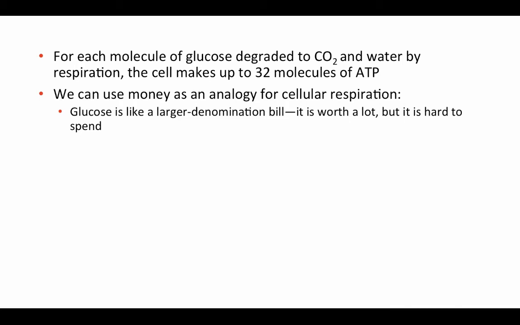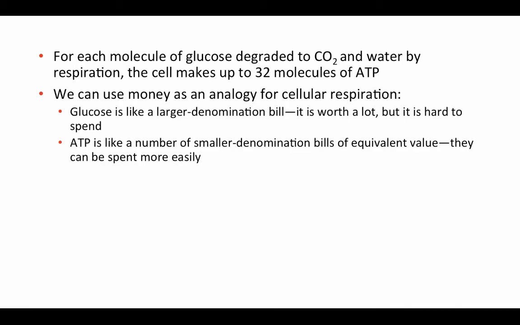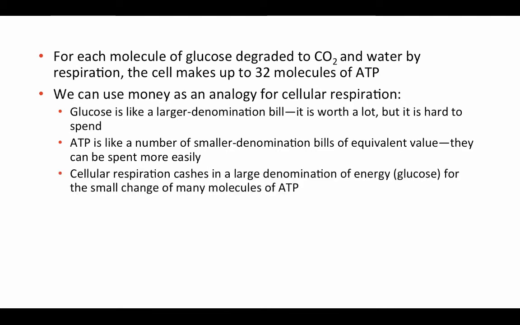It's got a lot of value in it, but finding somebody who's going to actually accept that large denomination is not as easy as spending smaller bills. So ATP is like a large number of smaller denomination bills of equivalent value. They can be spent more easily. So the process of cellular respiration basically is making change, right? It cashes in this large denomination of energy for the small change of lots and lots of these molecules of ATP.